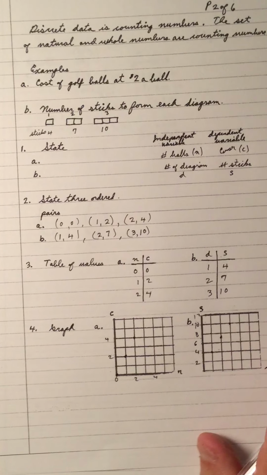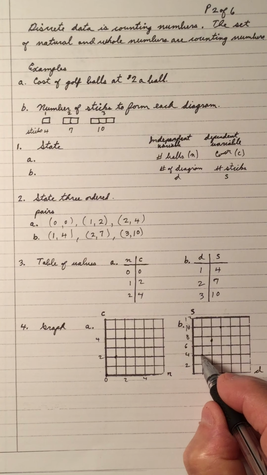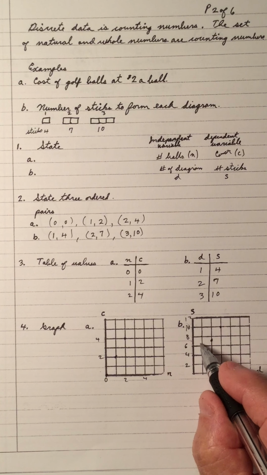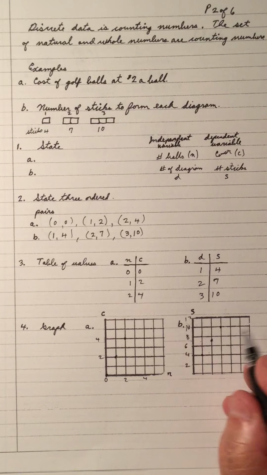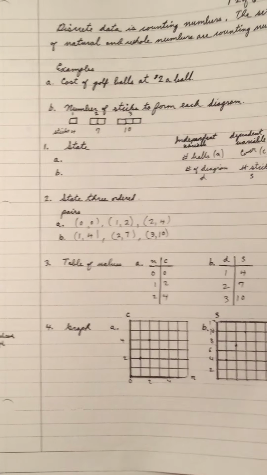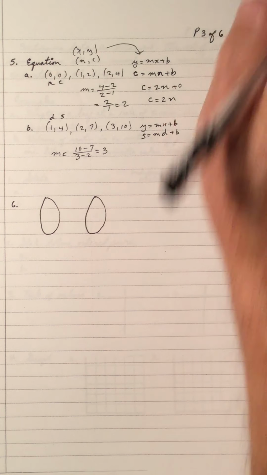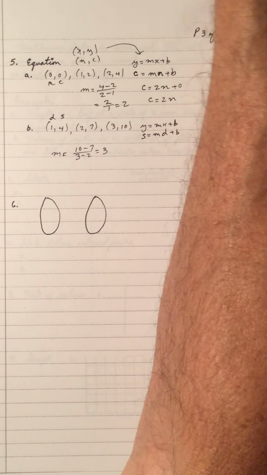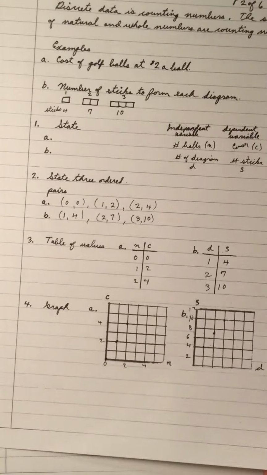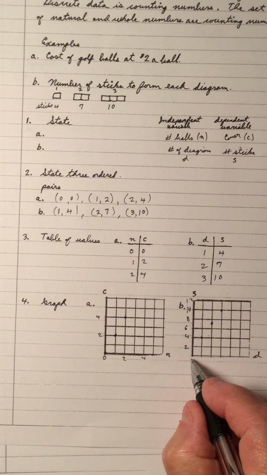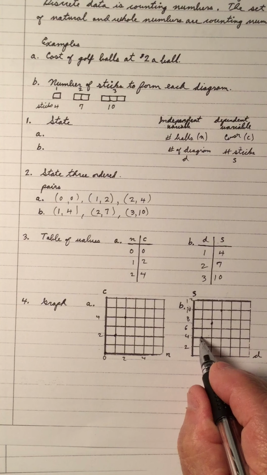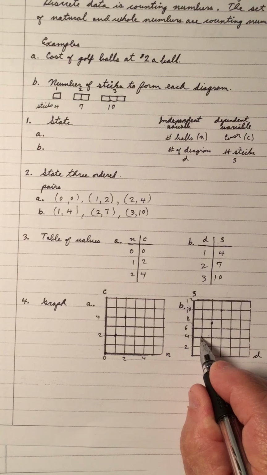Looking at the first one, you are going up 3, right 1, so the slope is 3. So you're adding on 3 sticks at a time. And not only that, you're not starting at 0, because we can't have a 0. We're starting at 4.